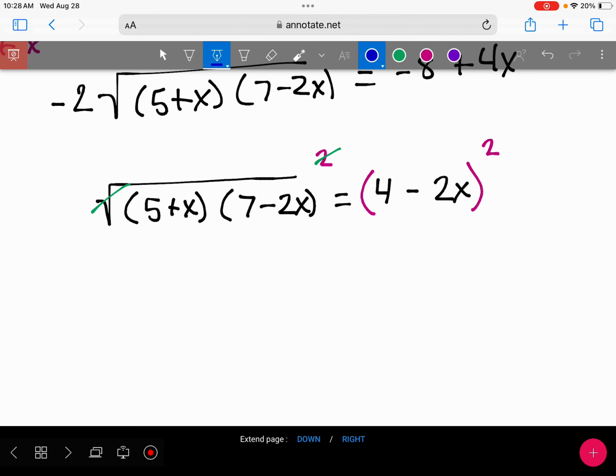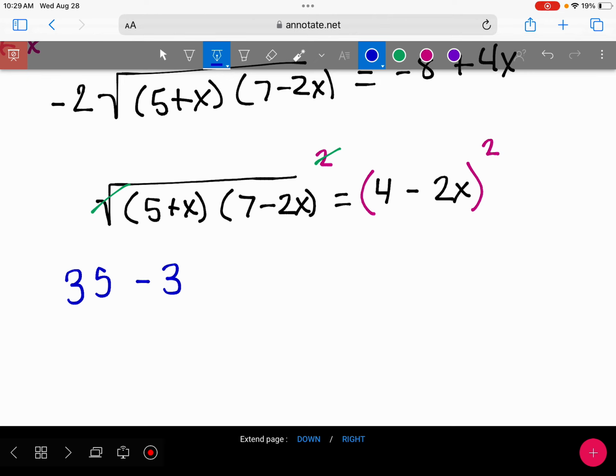So my left-hand side, when we multiply this out, and you can either get this into standard form or you can leave it in the way it comes when you multiply it out, we should wind up with 35. There's my 5 times 7. Minus 10x plus 7x.